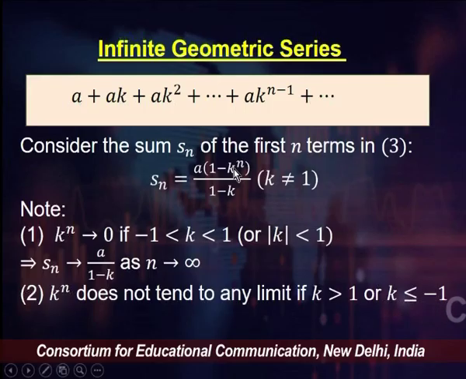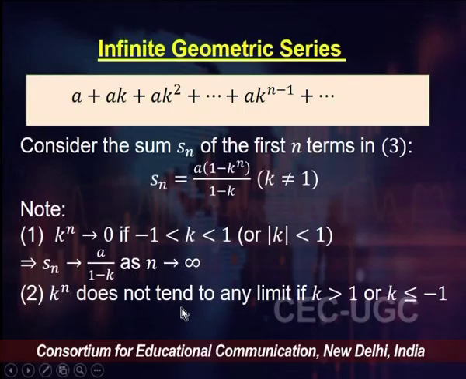And in that case, we will have the sum converging to a divided by 1 minus k for an infinite geometric series. So this is a very clean result, a very simple result, that the sum converges to a upon 1 minus k, which is a formula we use for the sum of an infinite geometric series when the absolute value of k is less than 1.